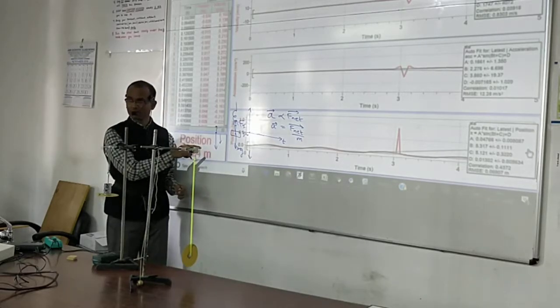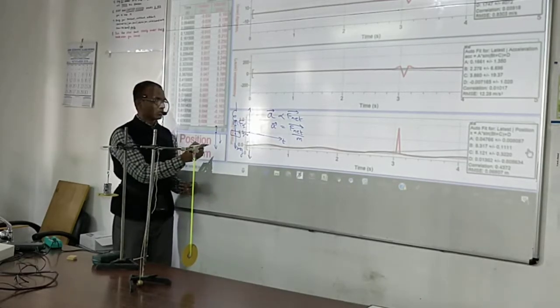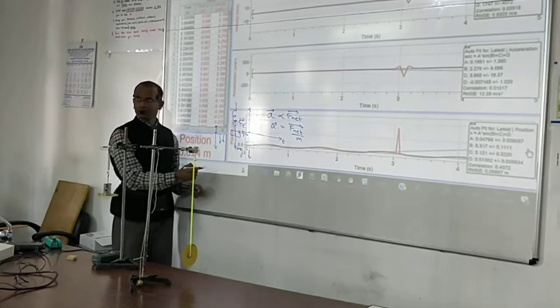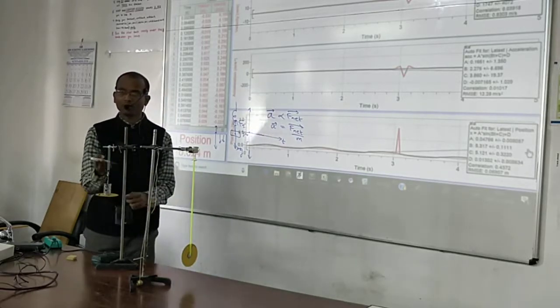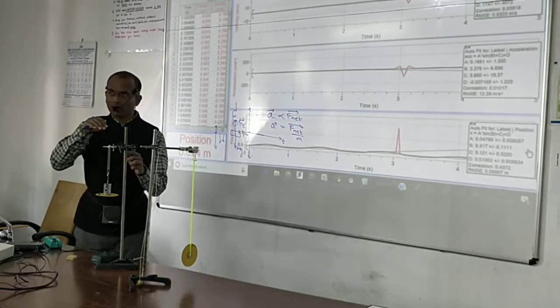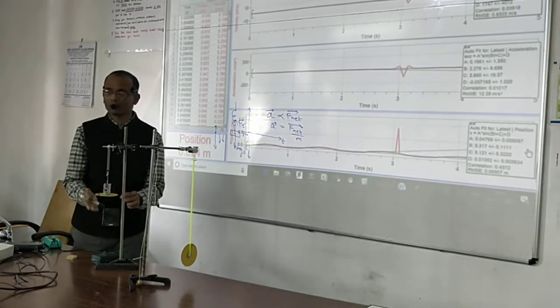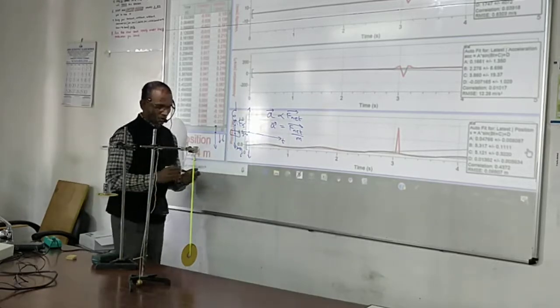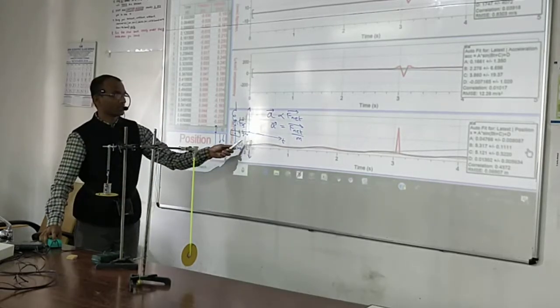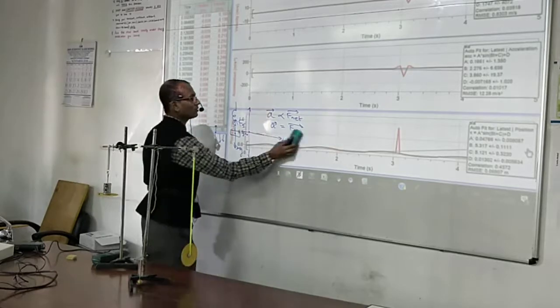It's a vector sum. Agreed? So the acceleration will be in the downward direction. If I move it up from its equilibrium position and release it, it will start accelerating downwards, and then it will set into simple harmonic motion, vibrating about its mean position. Now let us see how that position changes with time.